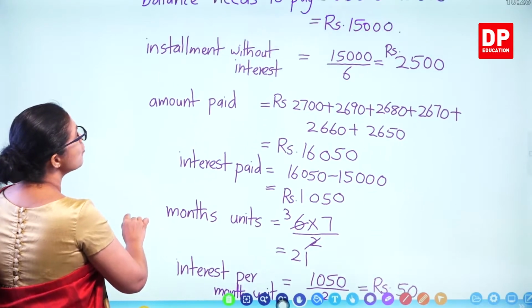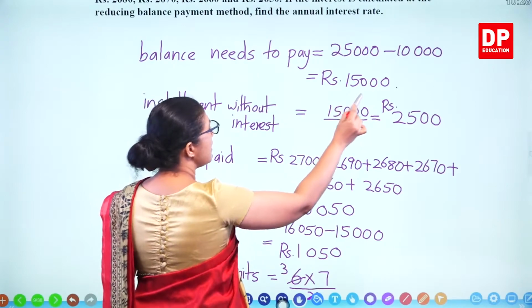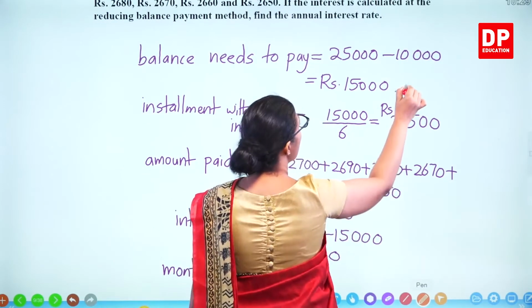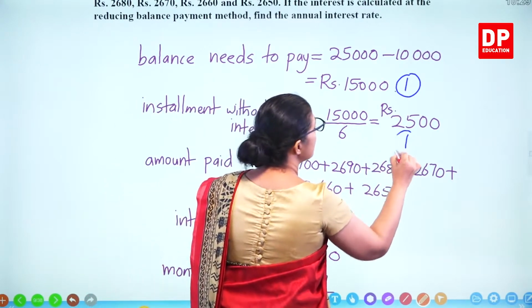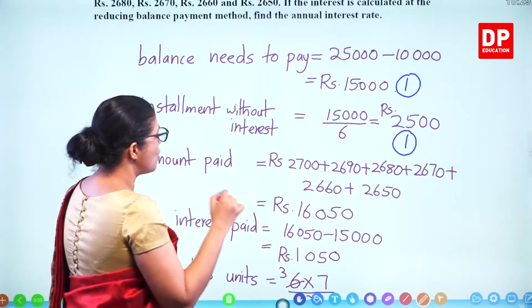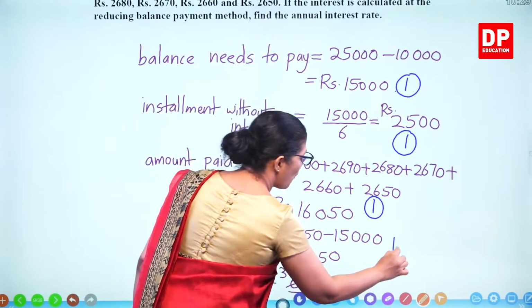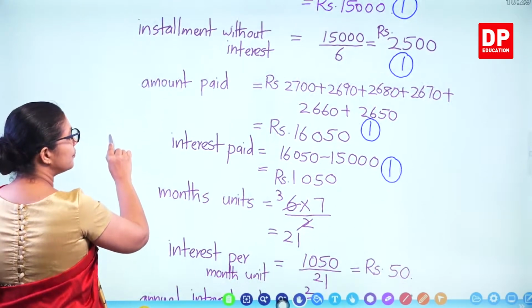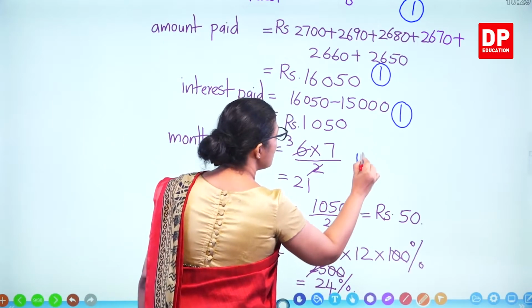So we'll give marks for the whole question, 10 marks. So we'll give each part marks. Finding this one, 1 mark. And finding this one, 2, 3, and difference 4. 5 for months units.